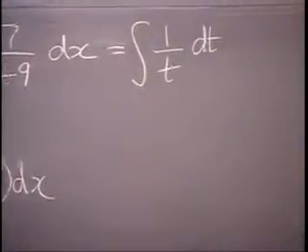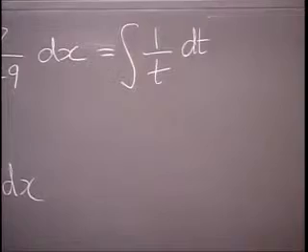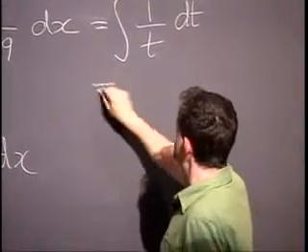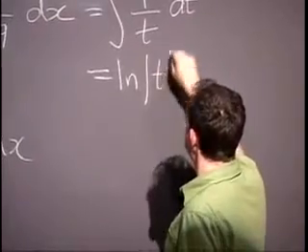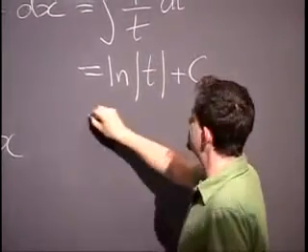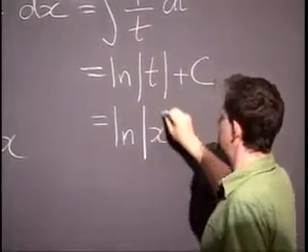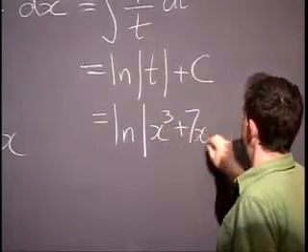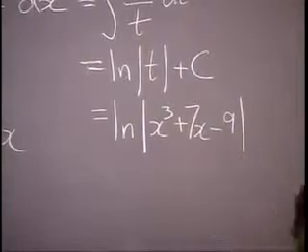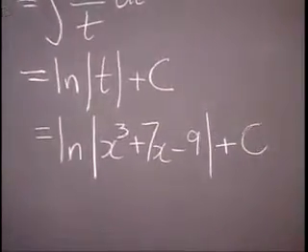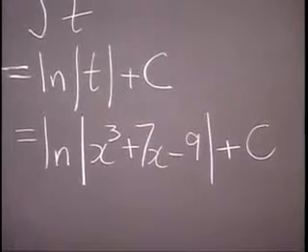The entire top is dt, and the bottom is just t. So this time you get natural log of the absolute value of t plus a constant. And if you replace t again, you get natural log absolute value of x cubed plus 7x minus 9 plus a constant.